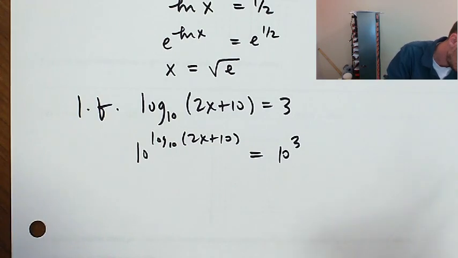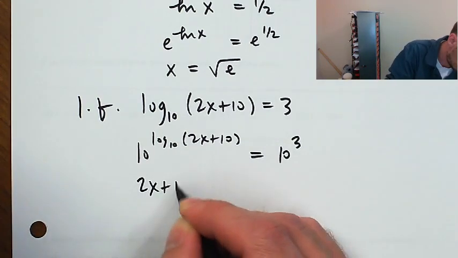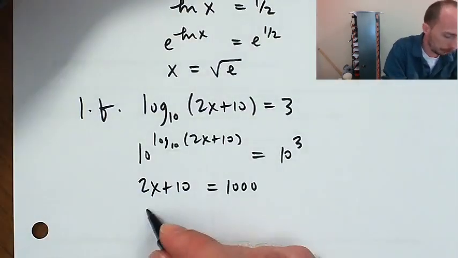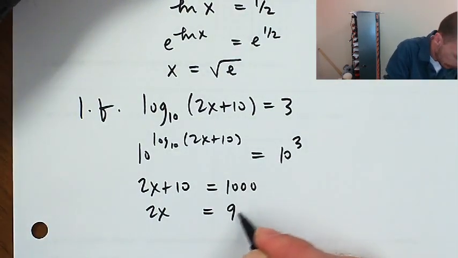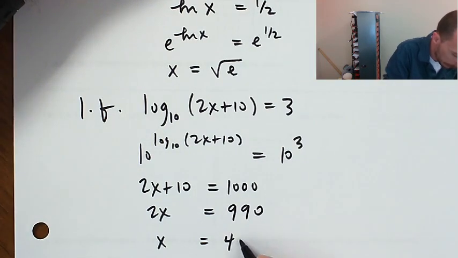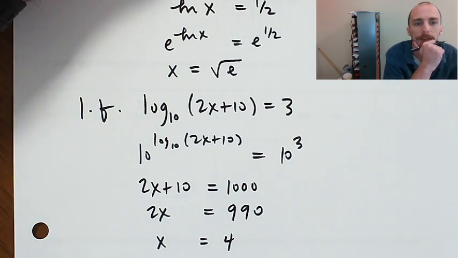And yeah, that means that 2x plus 10 equals 10 to the third, which is 1,000. 2x equals 990, meaning 1x is going to be 400, not 50. Hold on, I'm going to have to think about this. So it would be 450. Wait, why am I struggling here?